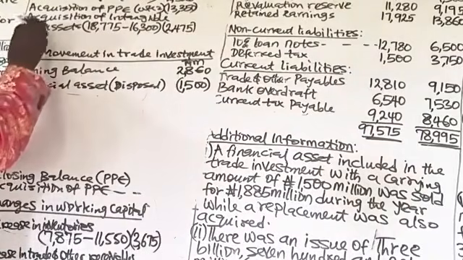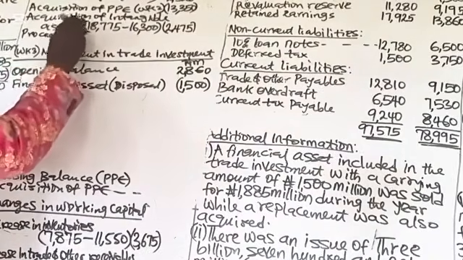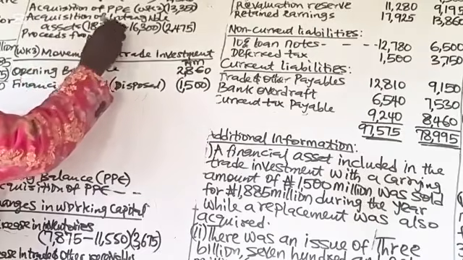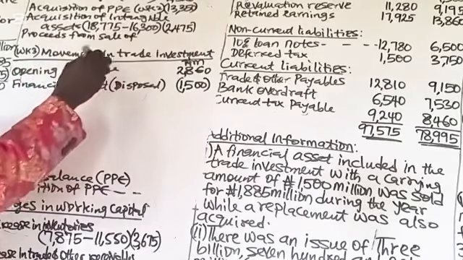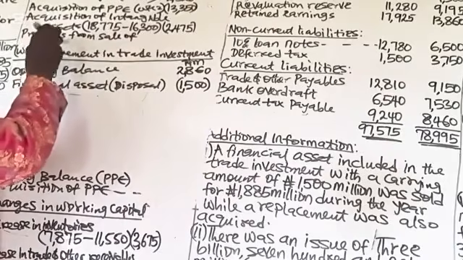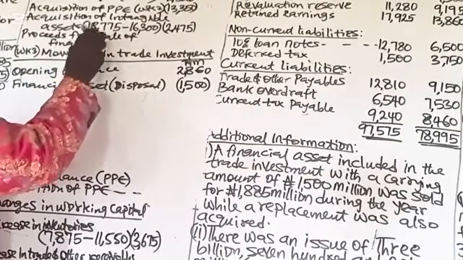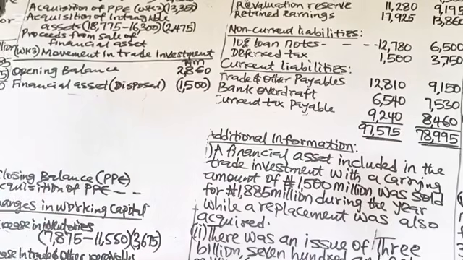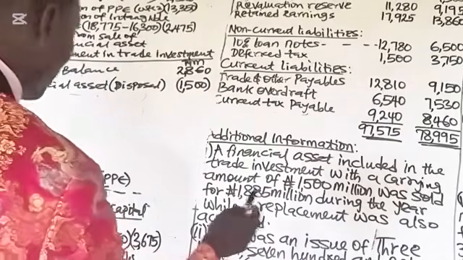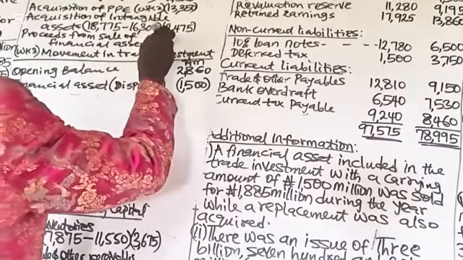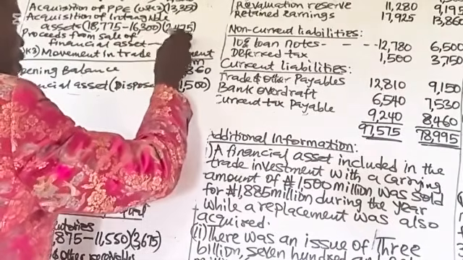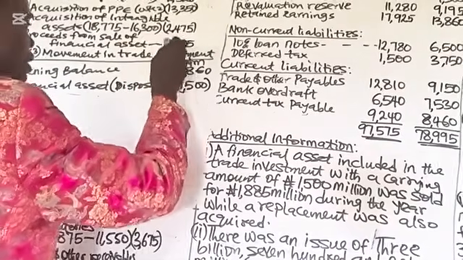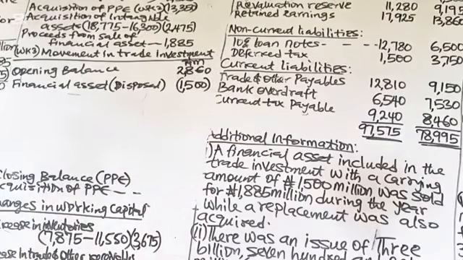Proceeds from sale of financial assets, and the proceeds amounted to 1,885. And the proceed is an inflow. The amount received upon disposal of the financial asset will be treated as an inflow.